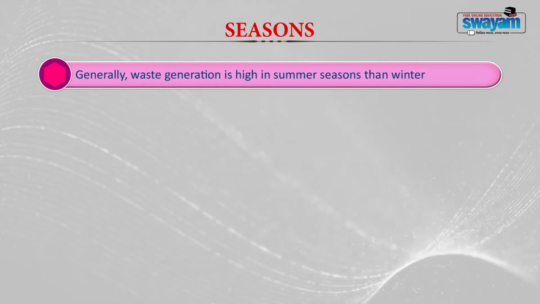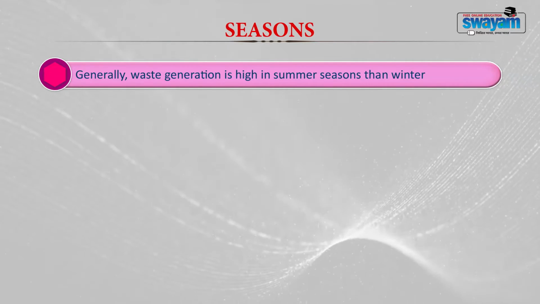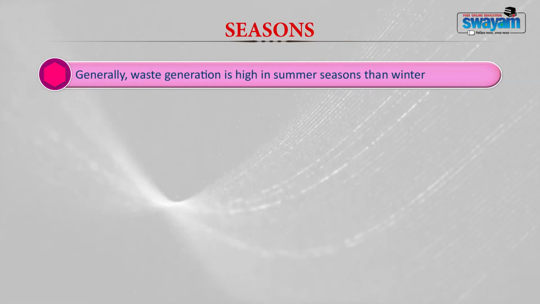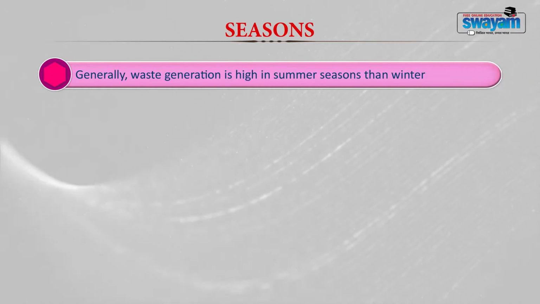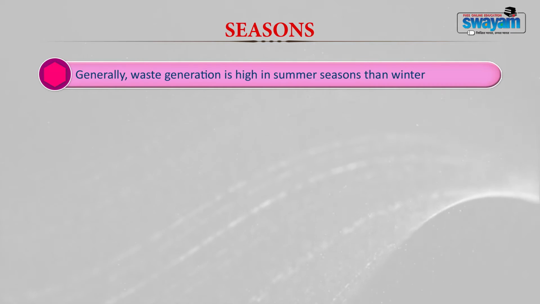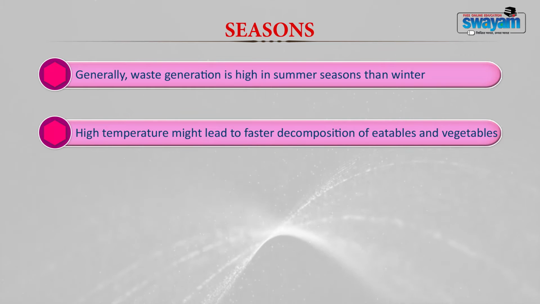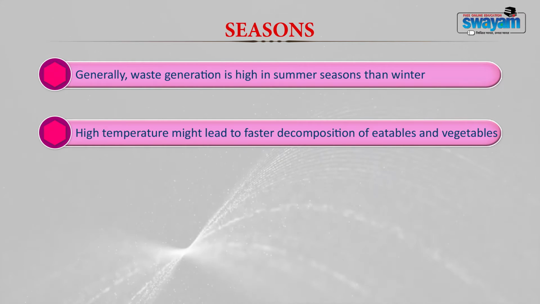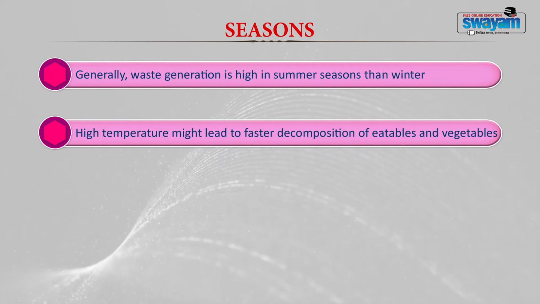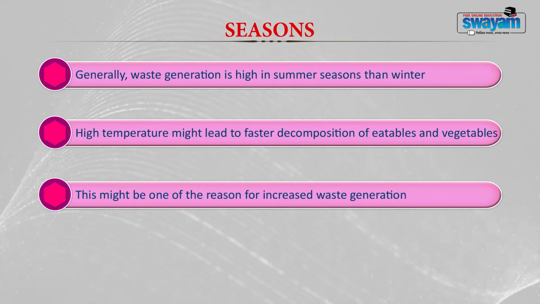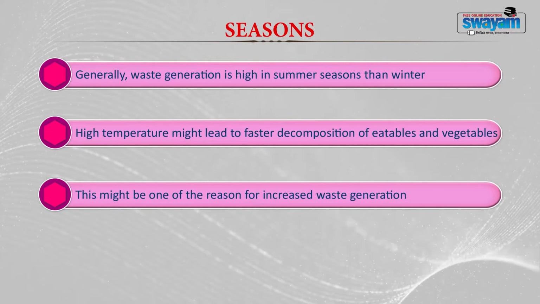So there you have to keep collecting your waste very frequently, and the waste generation is also a little higher when compared to a winter season where the temperature is lower and the decomposition rate is also delayed. So waste generation is high in summer when compared to winter. High temperature, as I told you, can lead to faster decomposition of vegetables and eatables. This might be one of the reasons for increased waste generation during the summer season.